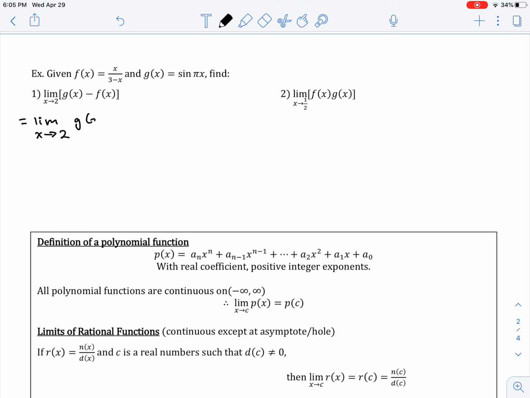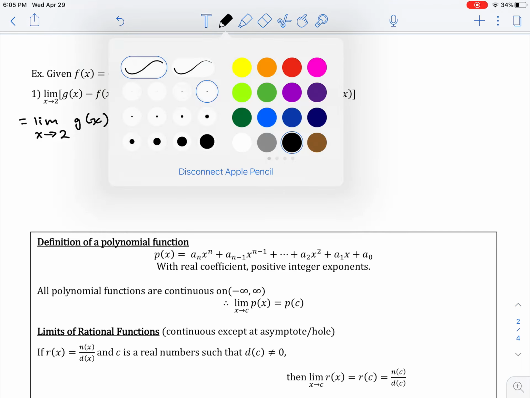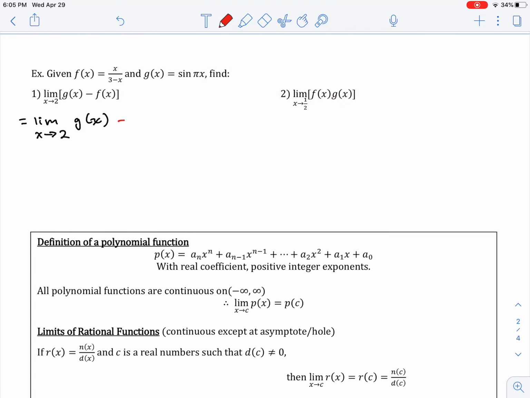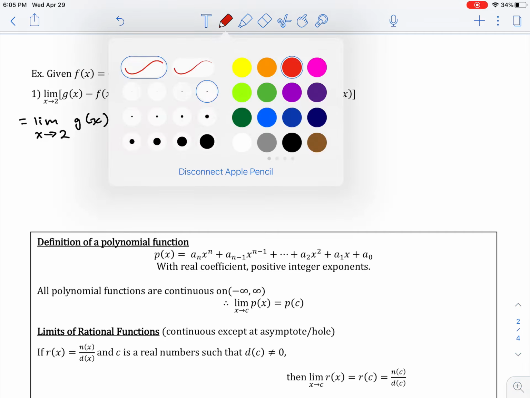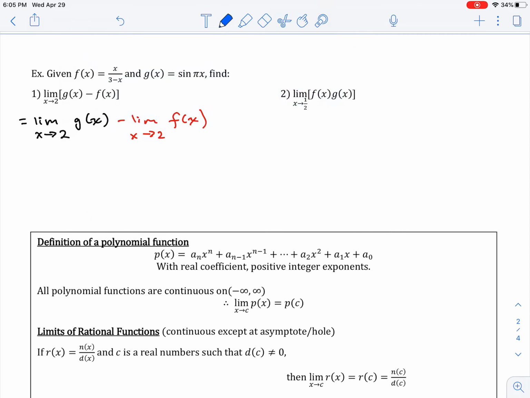The limit of g of x as x approaches 2 minus the limit of f of x as x approaches 2. And why would you want to do this? Well, because quite simply, sometimes it's easier just to work with the limits than it is to work with the functions themselves.